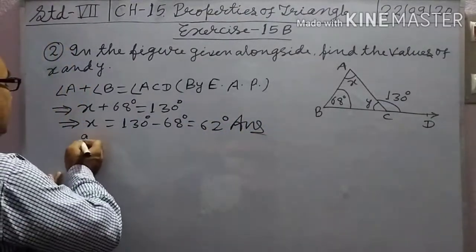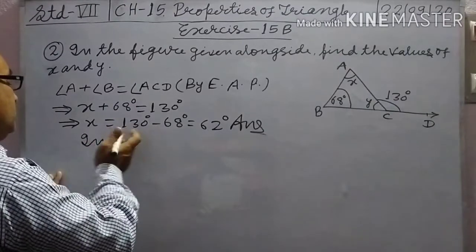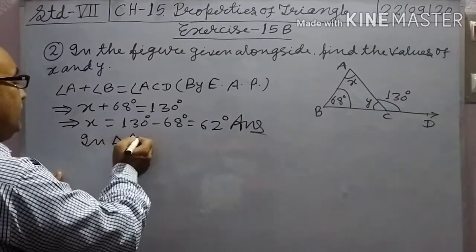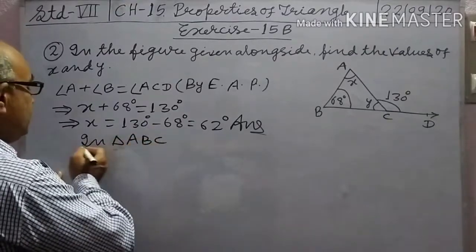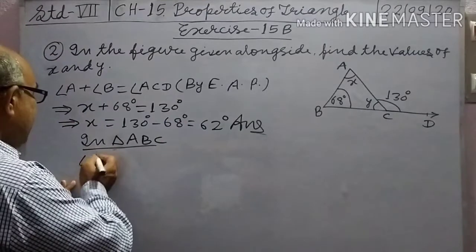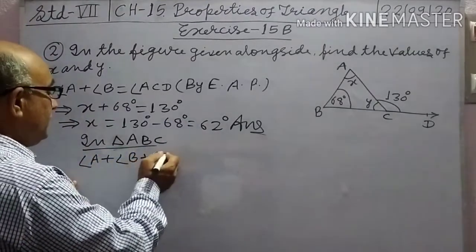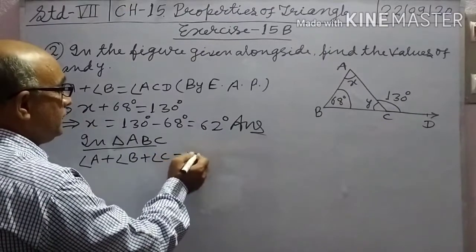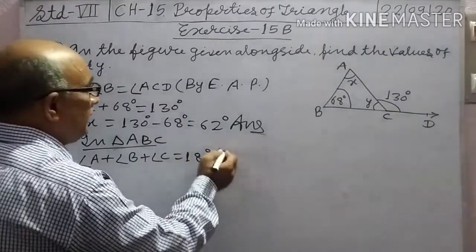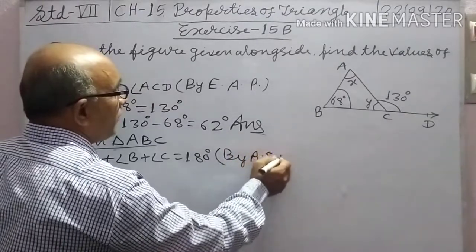Now in triangle ABC, angle A plus angle B plus angle C equal to 180 degree by angle sum property.